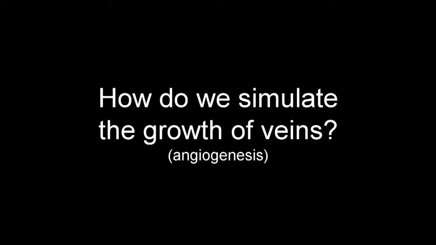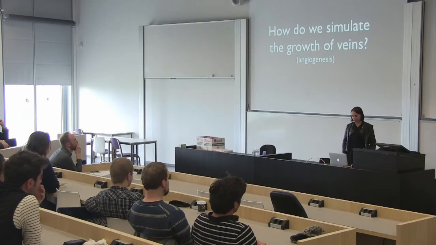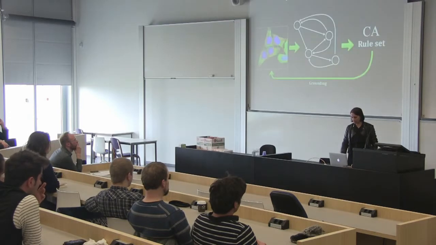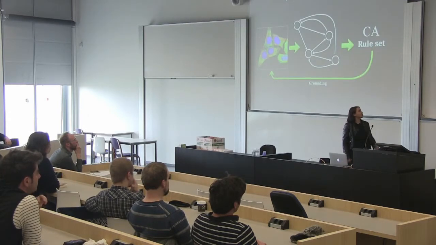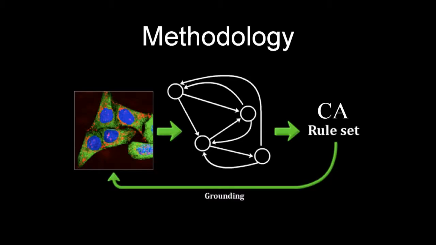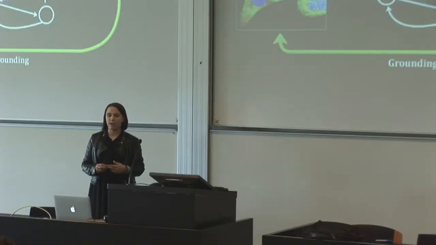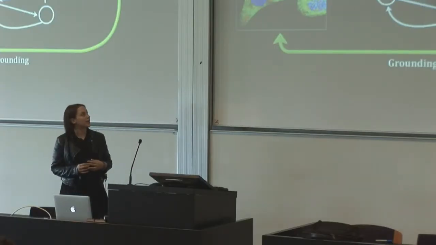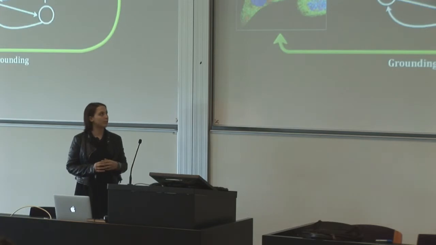So the question we asked ourselves at the beginning was, how do we simulate the growth of veins, which is called angiogenesis? So what we do is we go into the literature and find the cell signals. The next step is to create a process algebra model, which will then be translated into a finite state machine. And from the finite state machine, we will create cellular automata rules.